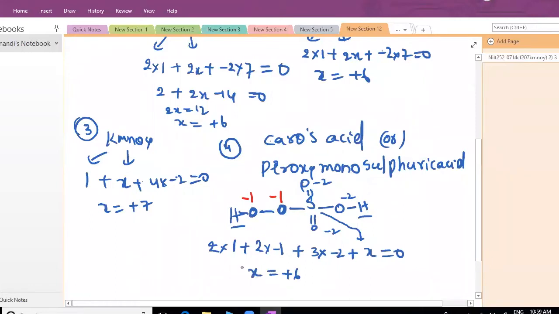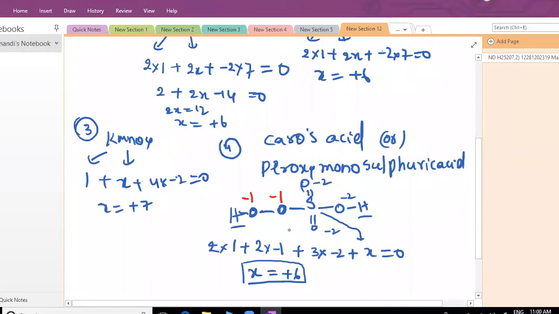Plus 6. Keep in mind, any element's maximum oxidation number equals its valence electrons. We gave this last class. How many people noted it down?